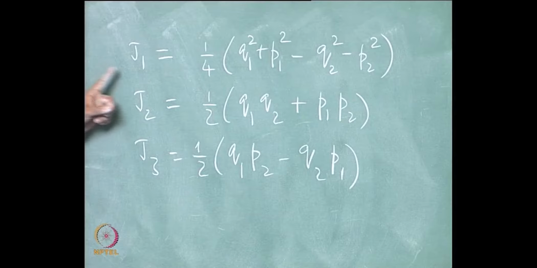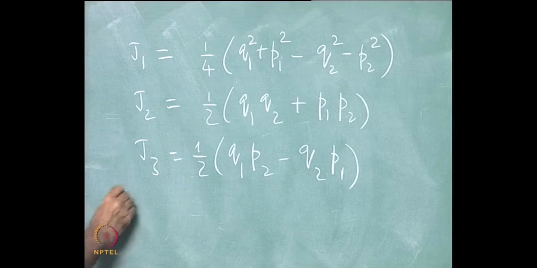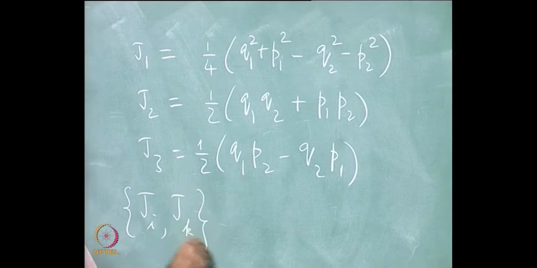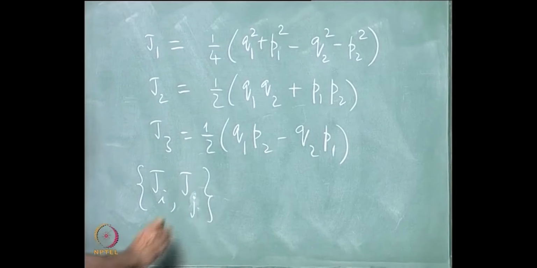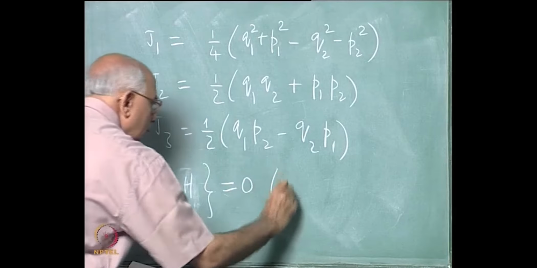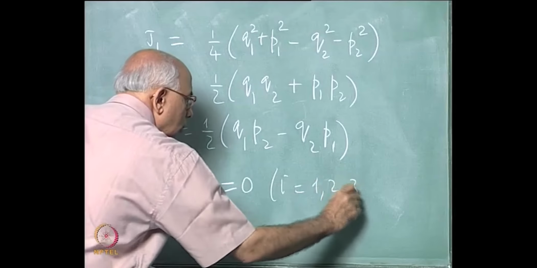It turns out that each of these quantities is a constant of the motion. So indeed it turns out that the Poisson bracket of Ji with the Hamiltonian is 0, for i equal to 1, 2 and 3.